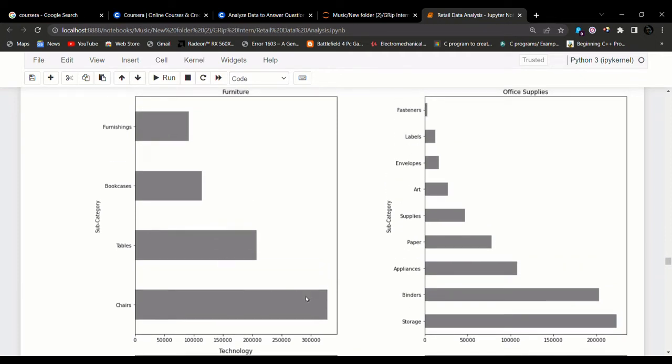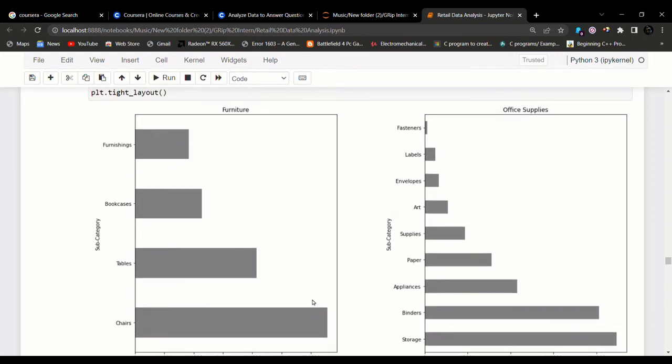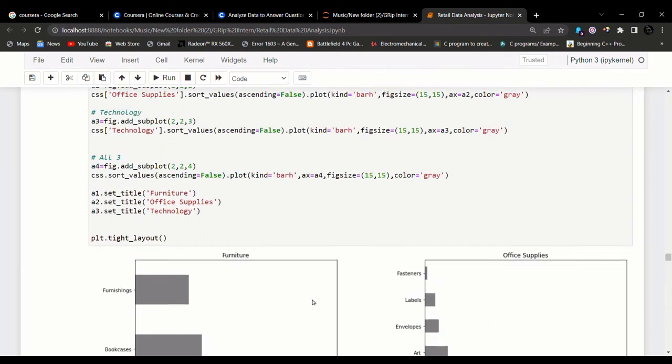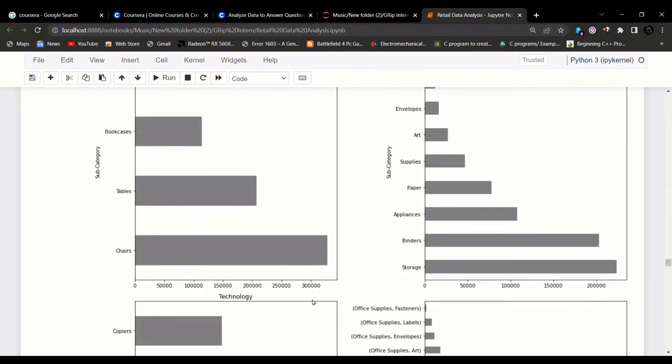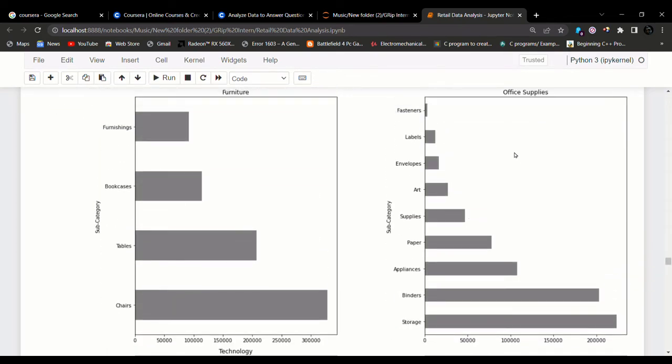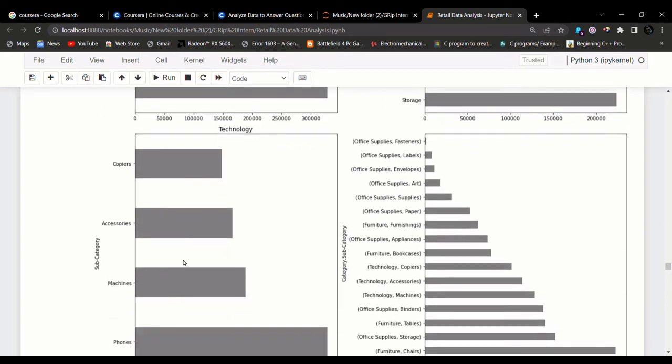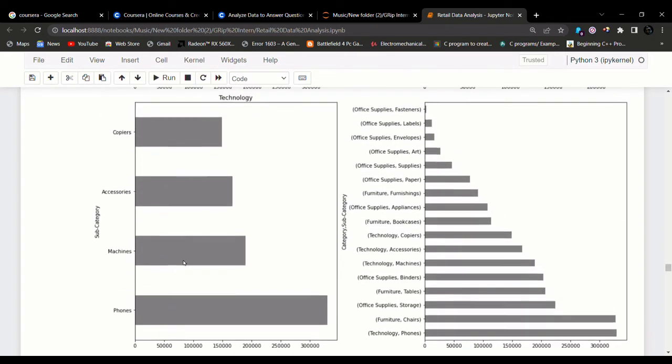Take furniture: chairs has maximum sales, and in office supplies, storage has maximum sales. And in the technology subcategory, phones have maximum sales. As you can observe here, all the category subcategory items sales.